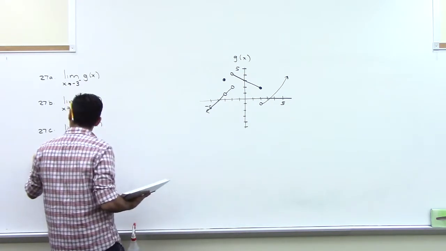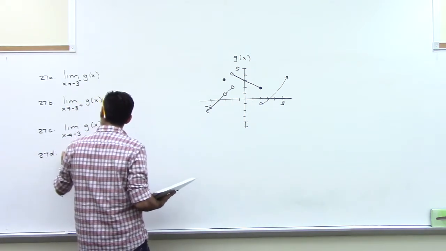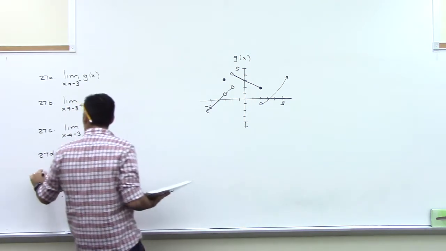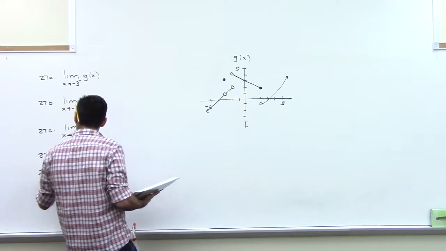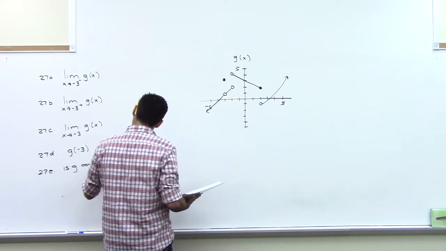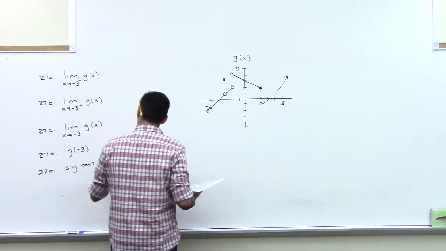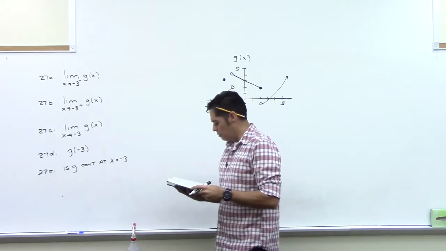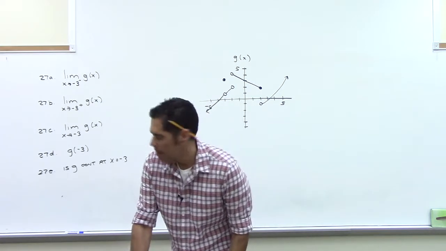Then we're asked what is G of -3. And then finally, 27E, we're asked, is G continuous at x equals -3? So all the same sort of questions that we had before.